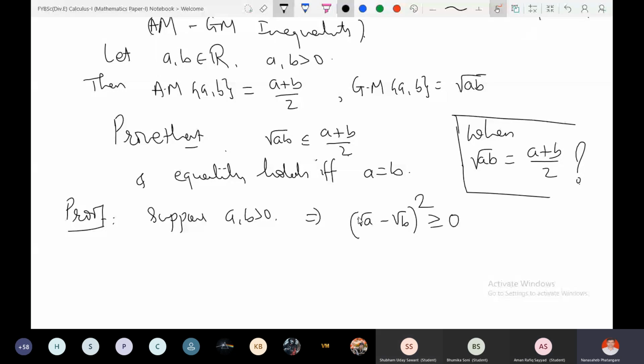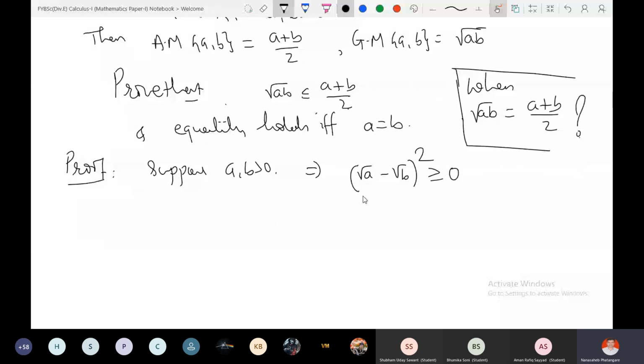I am not saying that they are unequal. If numbers are equal, then I may have 0, right? Difference is 0. Is it clear? So whatever I am writing, it should be logically correct, and it should include all the possible cases, even the worst possible cases. Whenever I say A and B are positive, that means I don't know whether they are equal or which is greater, which is smaller.